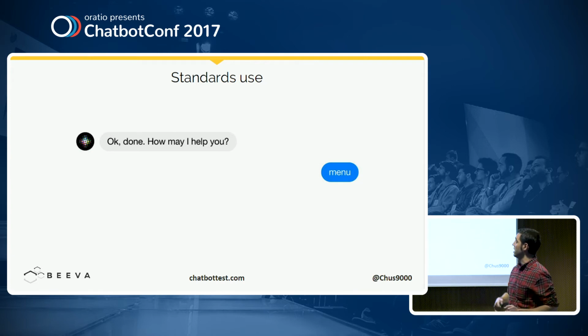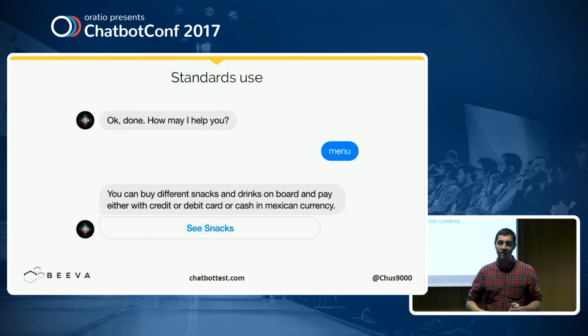So in this case, this is the same one that is able to understand that you are speaking different languages, but in this case, I told him menu. And because it's for flights, he offered me the menu of the snacks and the drinks and so on. I know it's complicated, but they should be trying to deal with these sorts of words because everybody's starting to use them.